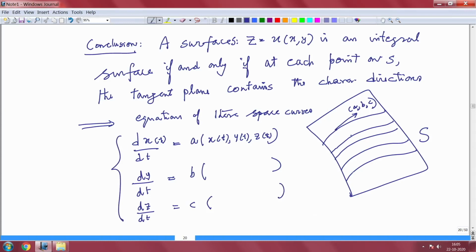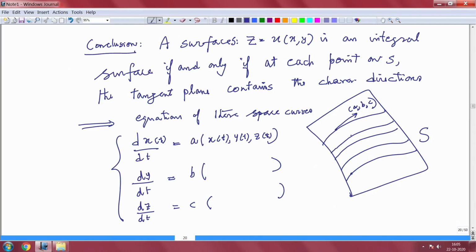So, if I fix a point on the surface, I will get a curve, and what I am going to do soon, maybe in the next class, is that given a characteristic surface, I can decompose it into the characteristic curves.